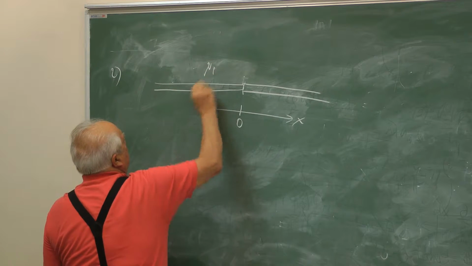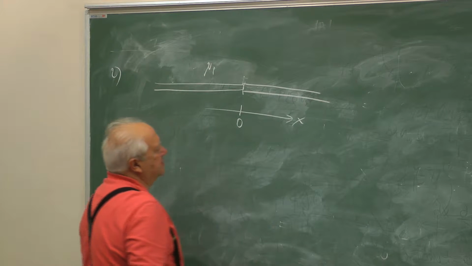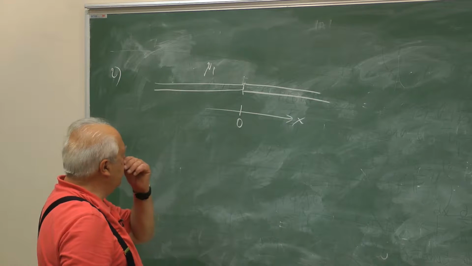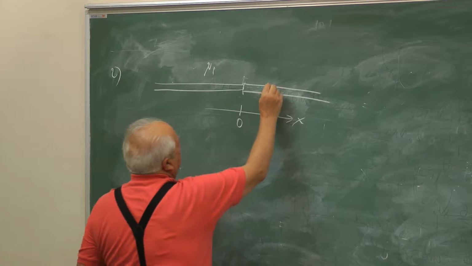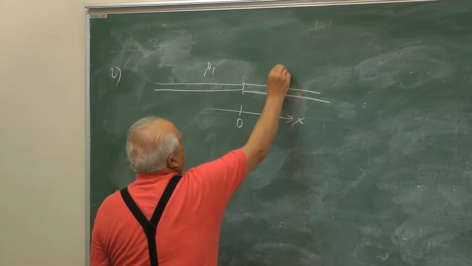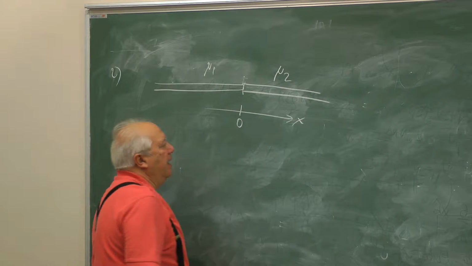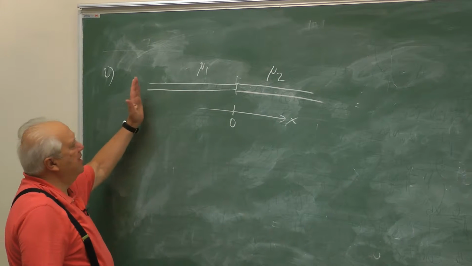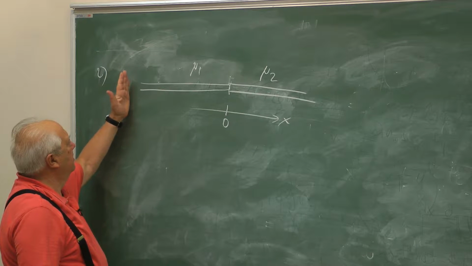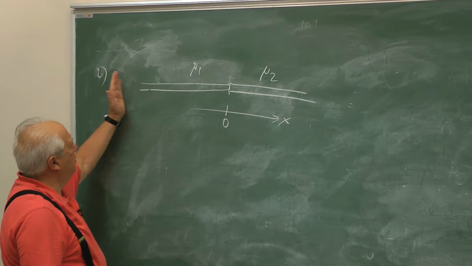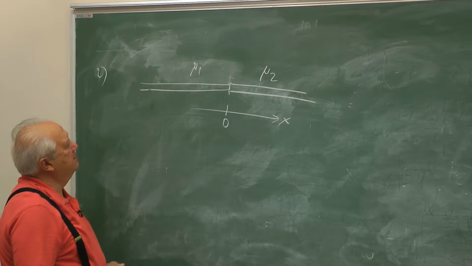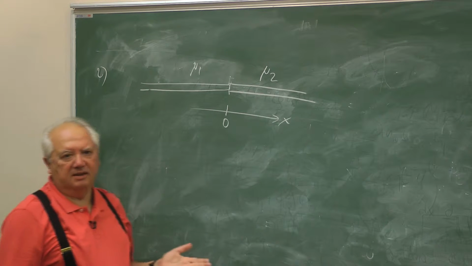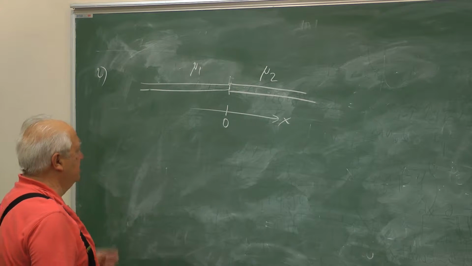Here, two strings, but they have different mass densities, mass per unit length. This one has mu1, this has mu2, and I am sending a wave on this one to the right, and of course I am sending a harmonic wave. Those are the easiest.